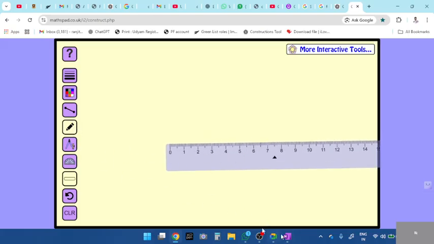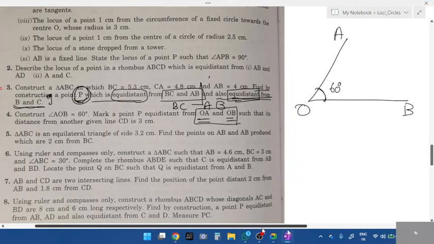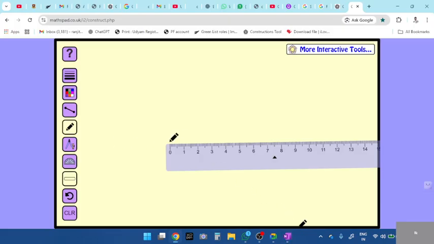Take the base as 6 centimeters. The base you can take as OA. Draw 6 centimeters, or take it as B, 6 centimeters.